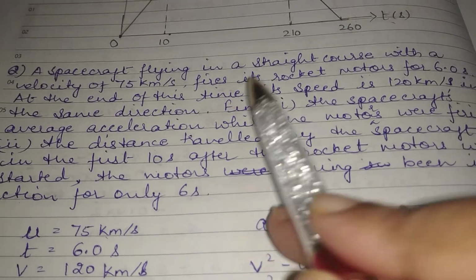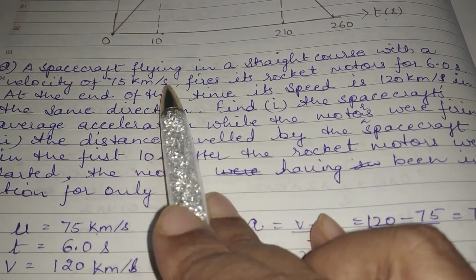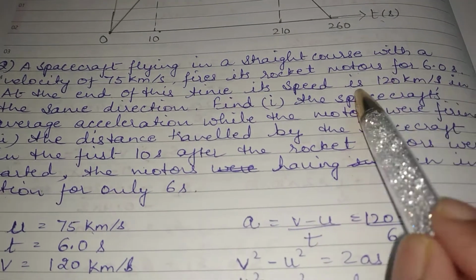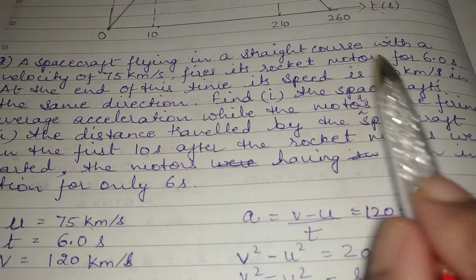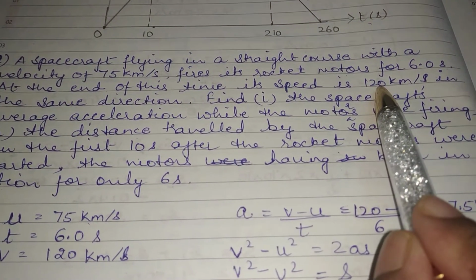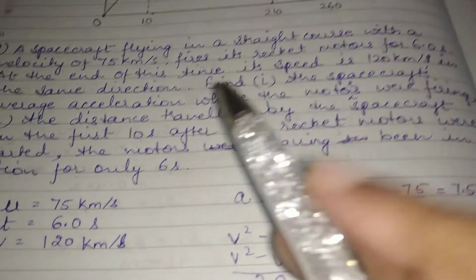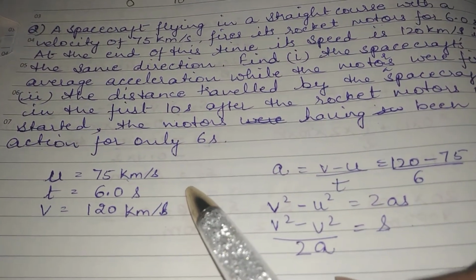So from the first few lines, you get the initial velocity of the rocket, the final velocity, which is 120, and the time duration for this change in speed to take place, which is 6 seconds. So these are the given quantities in the question.